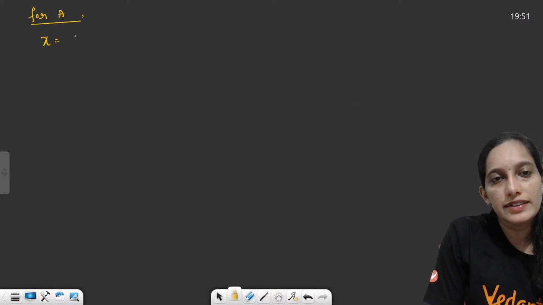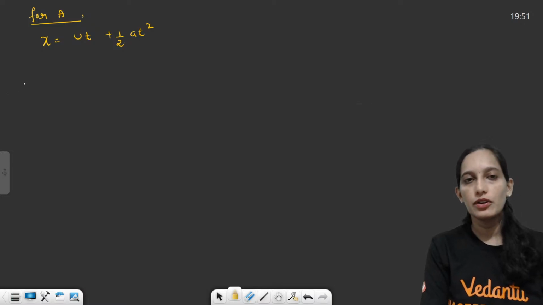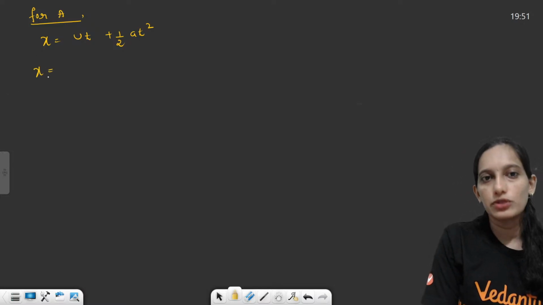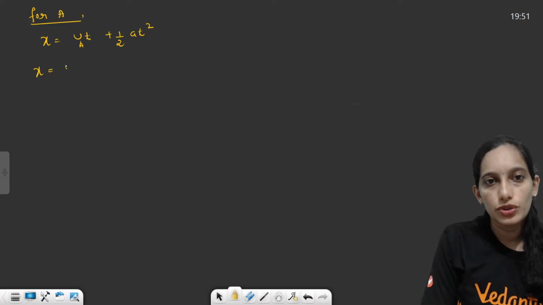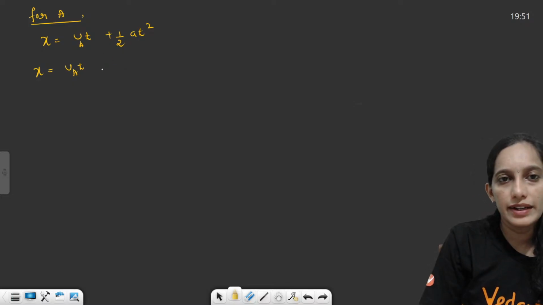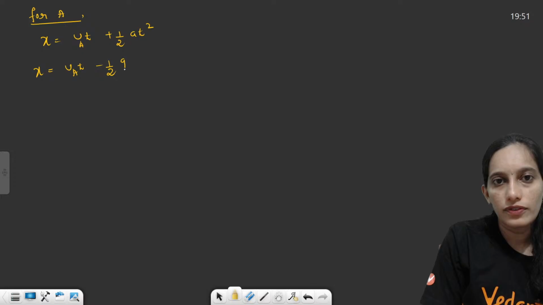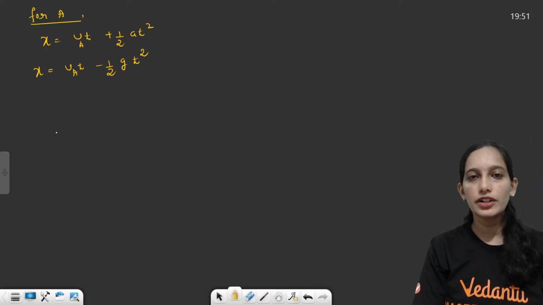So x is equal to ut plus half at squared. Here x will be x only, and u will be ua. So ua into t plus, or I can just say minus half g into t squared. Hope you agree with me.